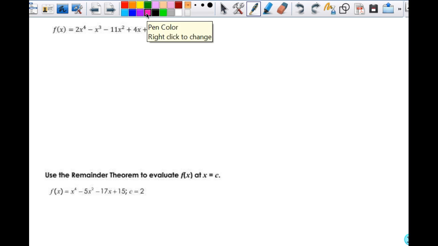possible zeros, which means that's going to be a ratio of the factors of the constant term. So plus or minus 1, plus or minus 2, plus or minus 3, plus or minus 4. 5 doesn't work, but 3 times 4 is 12, so then there'll be 2 times 6, and then 1 times 12. Okay, all over the factors of the leading coefficient, so plus or minus 1, plus or minus 2.